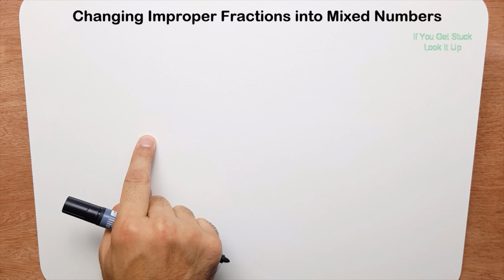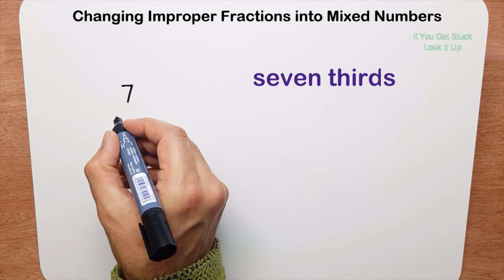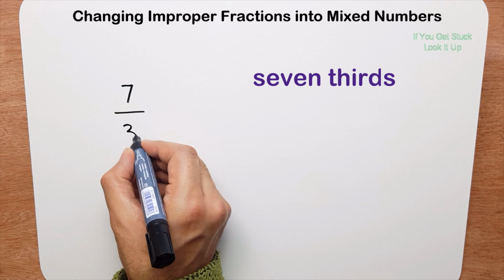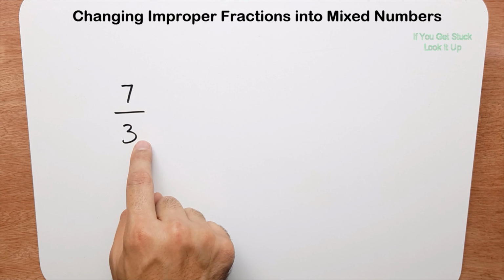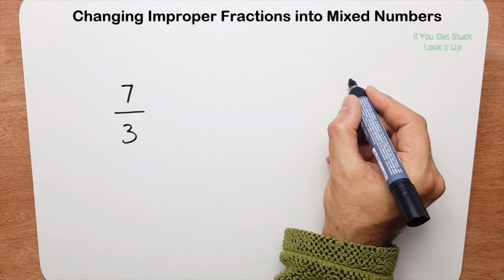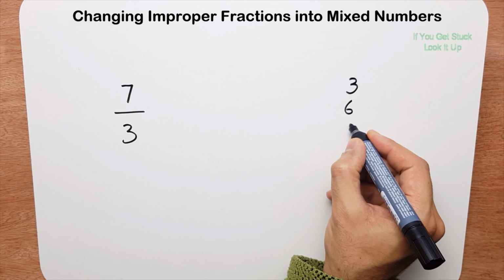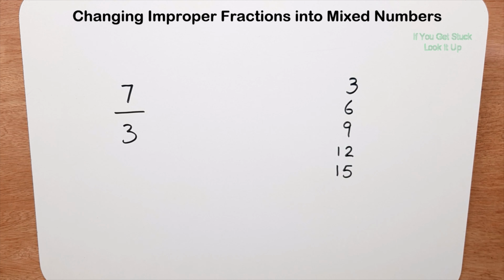The next one I'm going to try to do without drawing it. So I've got 7/3. I've got 7 pieces, and I'm going to do my 3 times table up to but not past 7. So let me do that here. 3, 6, 9, 12, 15, and so on.